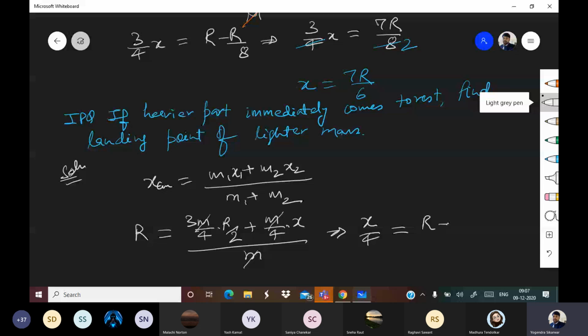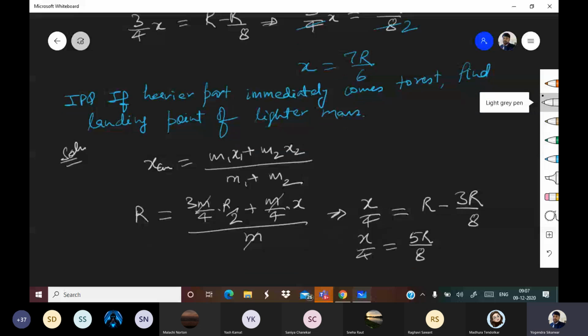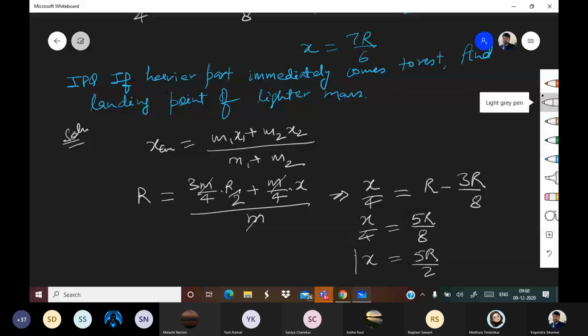So X by 4 is equal to 5R by 8. So X is 5R by 2. So that will be the answer.